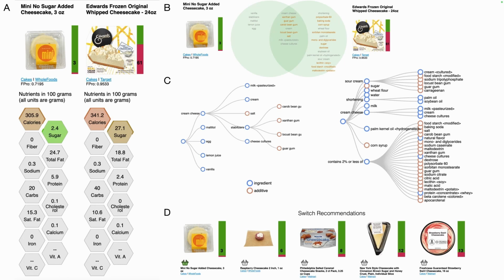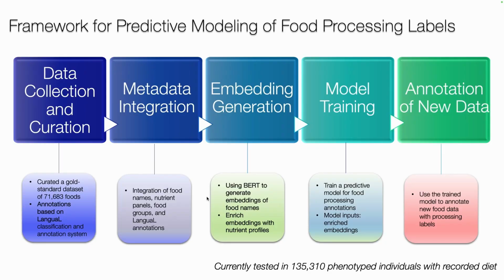Please appreciate the complexity of the second cake compared to the first one. Even the complexity of this tree is actually a score for food processing. We also highlight the presence of additives in red as classified by the FDA, but of course this can be made international. Finally, if you selected the second cake, we offer a less processed alternative within the same category.